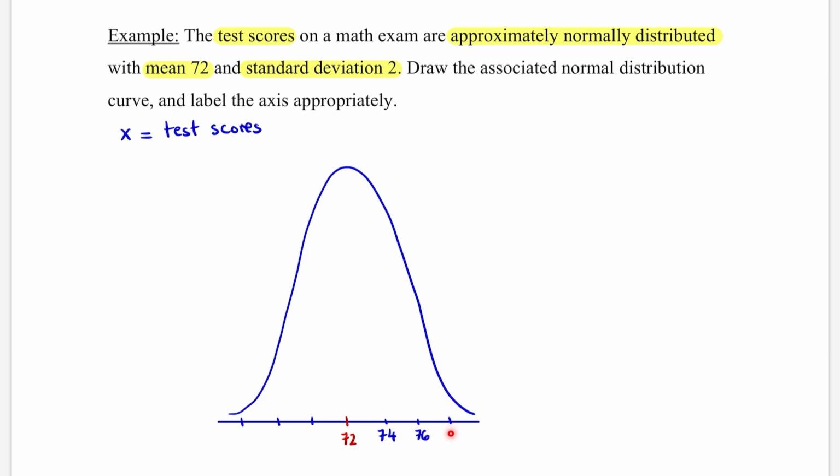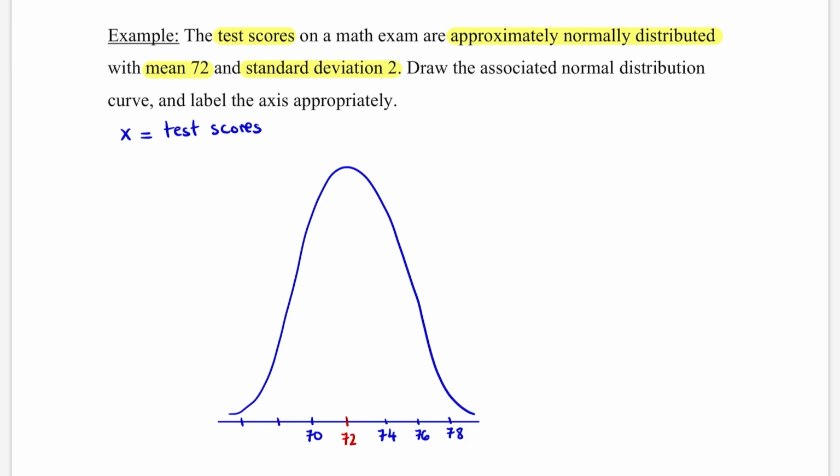This number is 3 standard deviations above the mean. To find this number, I take 72 plus 2 plus 2 plus another 2. I get 78. This number is 1 standard deviation below the mean. I take 72 minus 2 to get this number. That is 70. This number is 2 standard deviations below the mean.